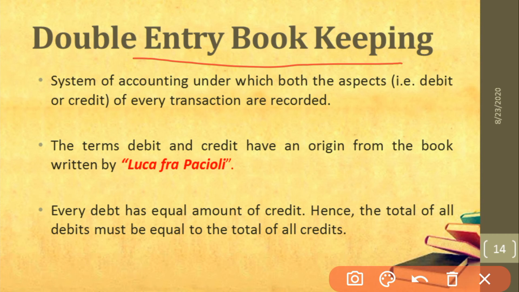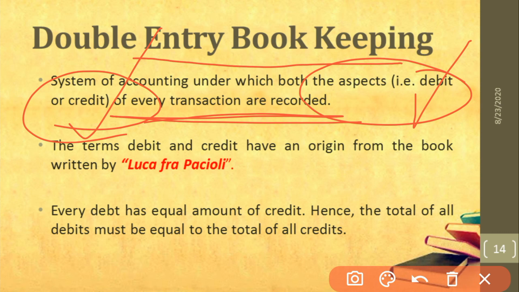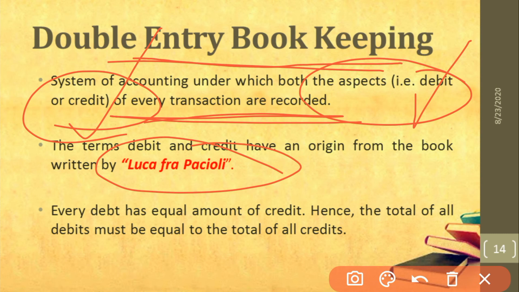It says that it is a system of accounting under which both the aspects, that is debit and credit, for every transaction are recorded. This is the meaning of double entry bookkeeping. This concept of debit and credit was given by Luca Pacioli. He is also known as the father of bookkeeping or double entry bookkeeping.